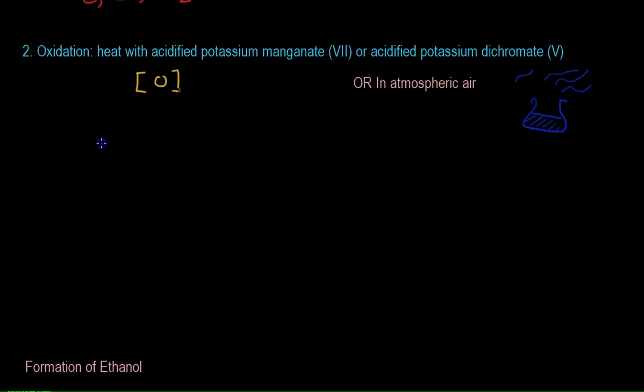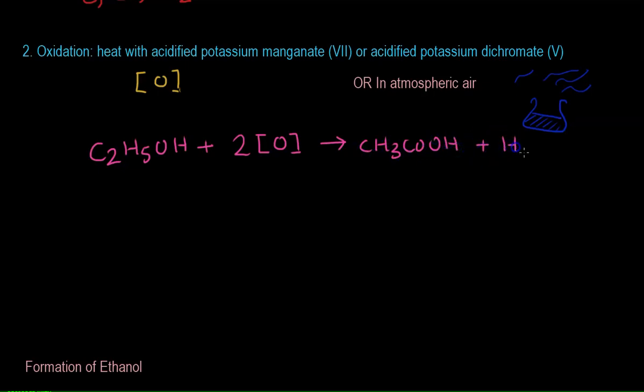So, for example, I use back ethanol, C2H5OH plus. Okay, you'll notice that now my writing is different. I have this square bracket to encapsulate this oxygen to give me CH3COOH plus H2O. Okay, so this is the symbol for oxidation, this square bracket right here.